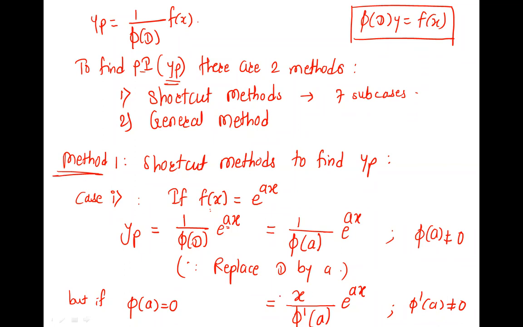So the step is, if the denominator is getting 0, multiply by x, take the derivative of the denominator and do the substitution. But while doing this, that phi dash a again should not be 0, but there is a possibility that it will be 0. But if that phi dash a is also 0, then what will be yp?